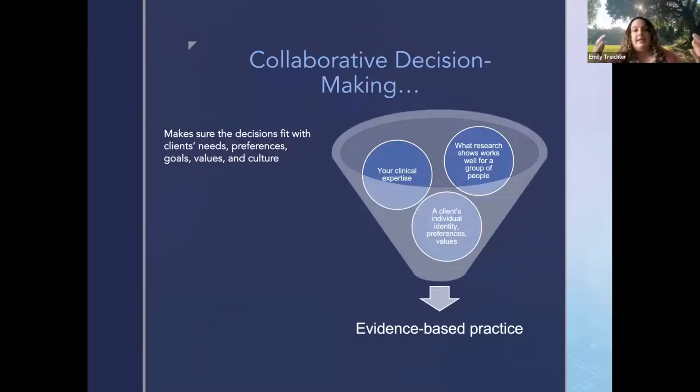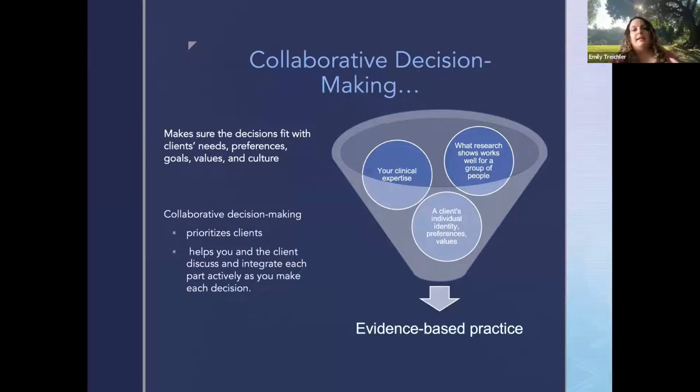The idea is that when we're doing evidence-based practice, we use our clinical expertise to look at an individual client, look at what the research has said about what works for people with a similar set of symptoms or concerns. And then we look at that person and things that are specific about them, their characteristics, their cultural identity, their values, and select what we think would be the best practice for them.